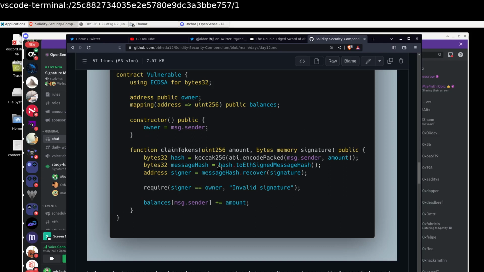Then we calculate the hash based on message sender and the amount. Then we use the hash with the signed message. Signer equals messageHash.recover. Require signer equal owner, otherwise there will be an invalid signature.